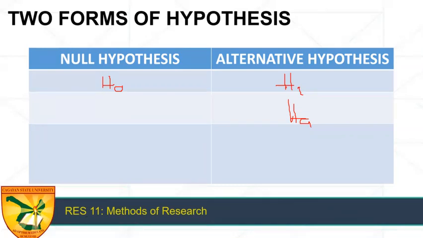So we usually state the null hypothesis because there are several possible alternatives. It could be greater than your usual or traditional method, or lesser than your traditional method, or not equal to your traditional method.